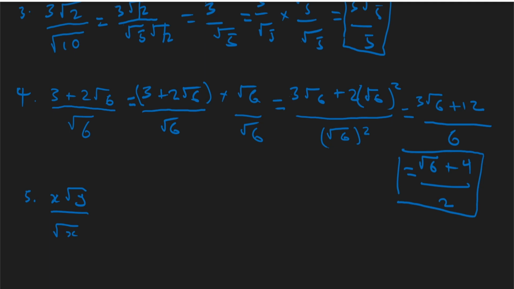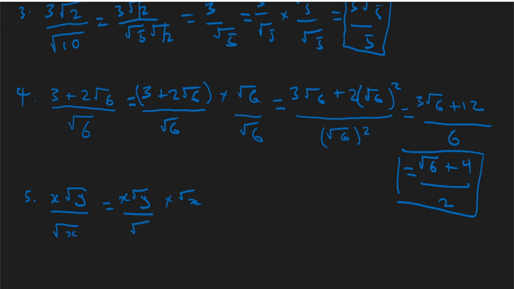Let's consider another example. Here, the denominator is root x. We multiply the top, x root y, by square root of x.